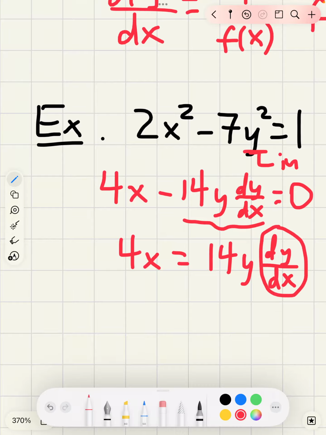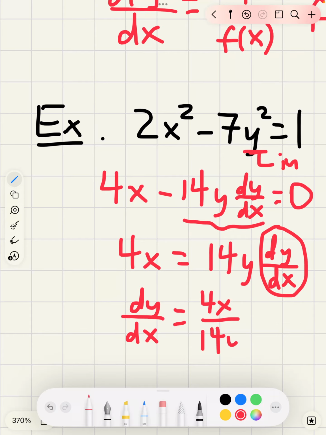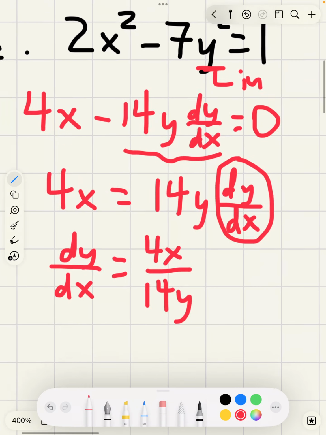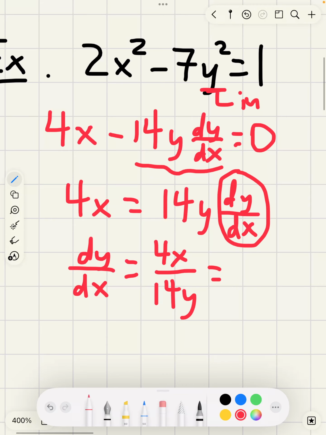So I end up getting dy dx is equal to 4x over 14y. And because we like to have our answers in simplest terms, I'm going to reduce 4 over 14 to 2 over 7. So we get 2x over 7y, and that's the answer.